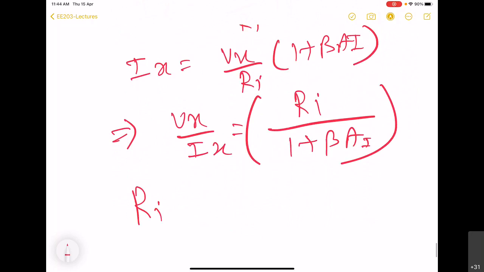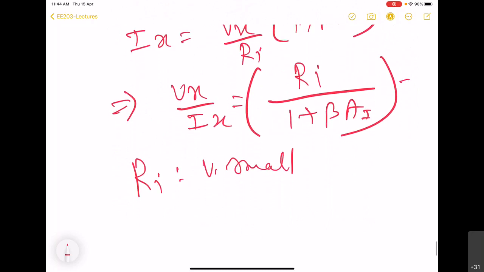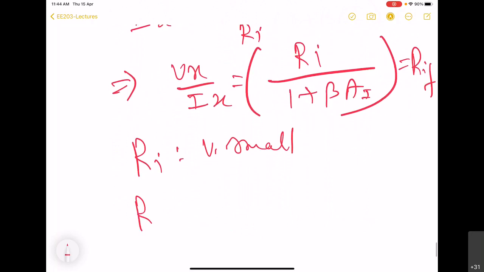So we have already seen that this is very small, and now this is the input impedance of the feedback network, RIF, and this RIF is much smaller compared with the input impedance of the amplifier. So we see that impedance gets modified in the desirable direction.